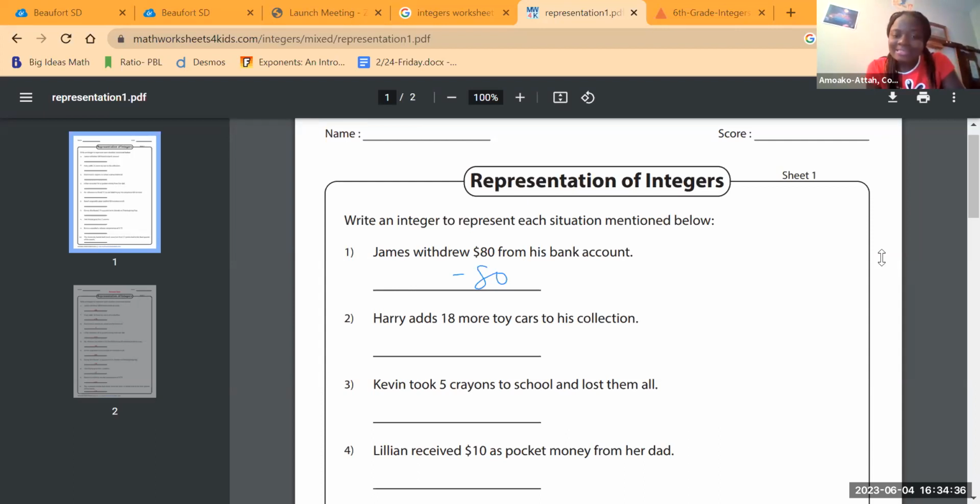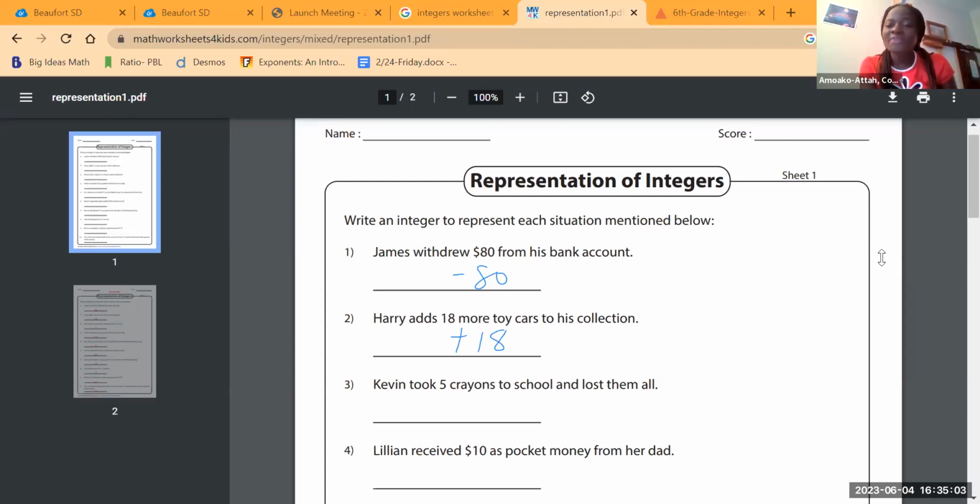Now let's see the second one. Harry adds 18 more. That is a key word there. Adds 18. So there is an additional 18 toy cars to whatever Harry was having. So it means plus 18, which is a positive value.